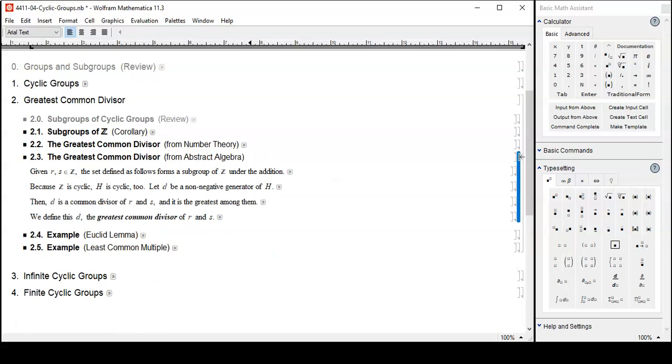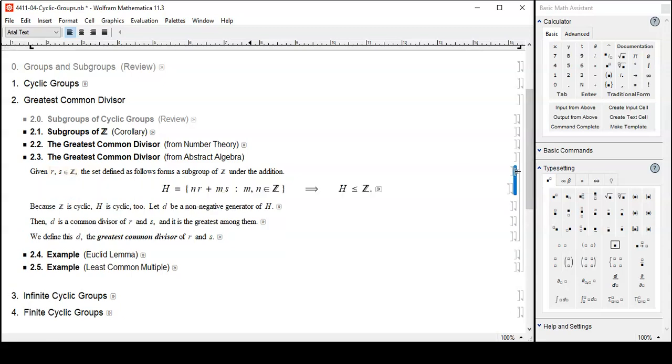Let's begin. Given a pair of integers r and s, the set defined as follows forms a subgroup. How do we define it? We define it through the linear combination mr plus ns form, where m and n are integers.